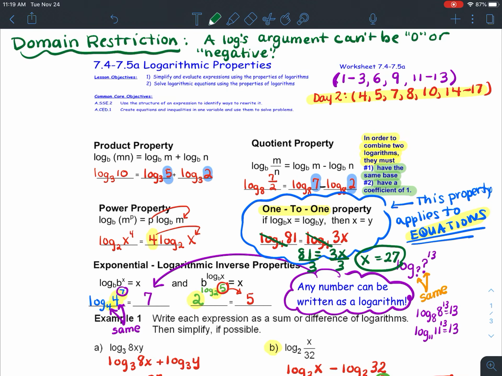Okay, you could try this on your calculator. If you just press the common logarithm button, the log button where we know that means the base is a 10, and you can try to type in that the argument would be 0. Okay, if you did that, it's going to give you an error or say that it's undefined. You could also try to type it in where maybe it has a negative argument.